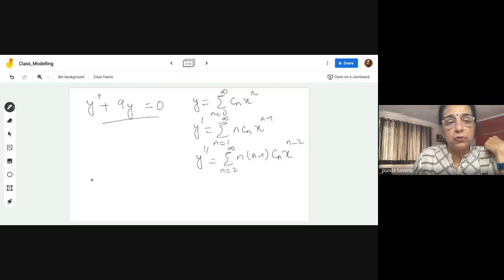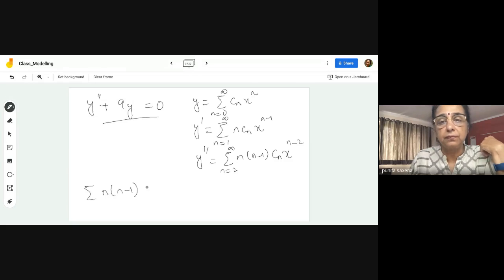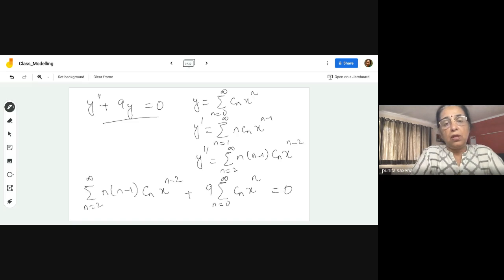And when you substitute here, you are going to get summation n(n-1) Cn x^(n-2), n from 2 to infinity, plus 9 summation Cn x^n, n from 0 to infinity, equal to 0. So it's exactly similar.